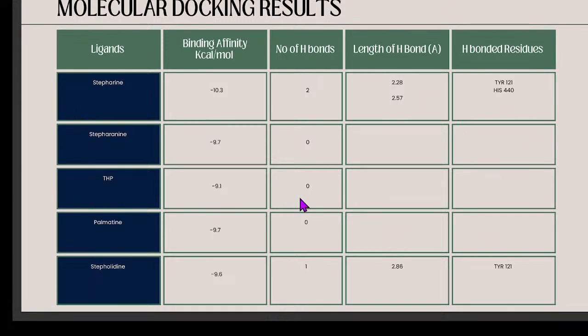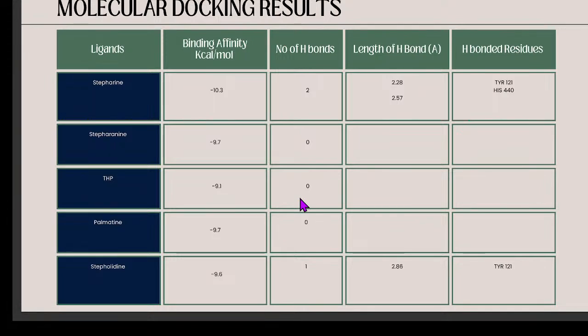And the hydrogen bonded residues were tyrosine 121 and histidine 440. Actually, histidine 440 is present in the catalytic triad along with serine and glutamate, and it is the best result out of these 5 alkaloids. And you can see the binding affinity of the other alkaloids as well.